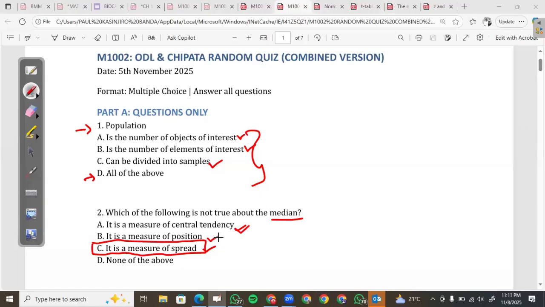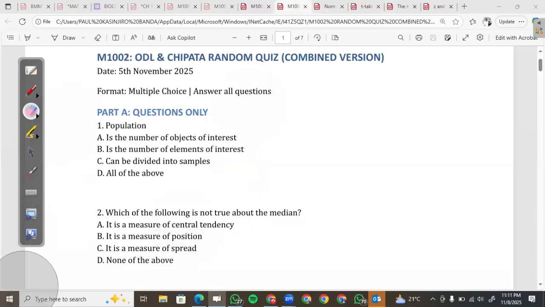And it's also a measure of position, because it's going to indicate where the middle value for the data set you've been given is. So the median is also a measure of position, and it's the measure of central tendency. So you choose C there as the best answer.